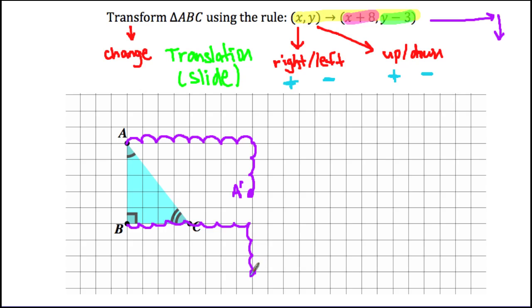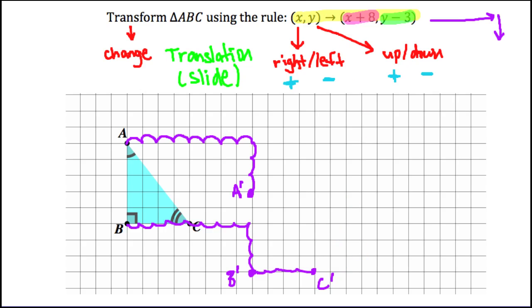So here's the new point B prime. Then C, we do the same thing: 8 over and 3 down. Or another way to look at it is that C is 4 units over from B, so it's still going to be 4 units over: 1, 2, 3, 4. That's the new C, or C prime.